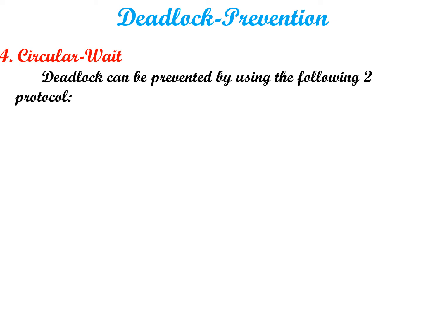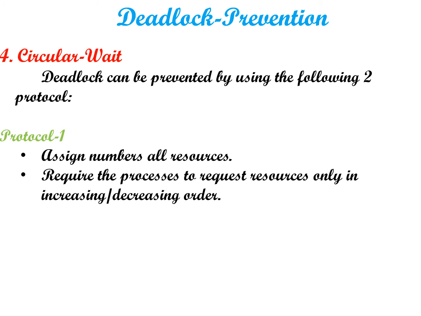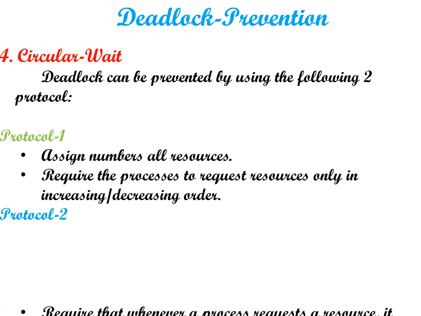To avoid this, we can list the resources required by a process and assign a number or priority to each resource. Now the process will take the resources in ascending order.